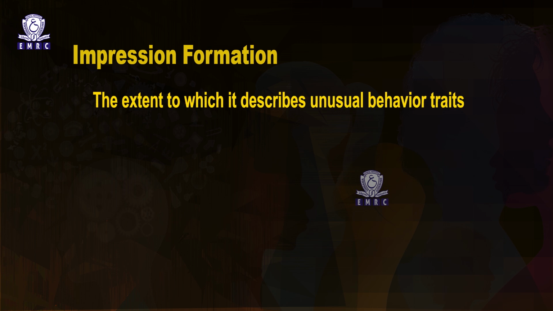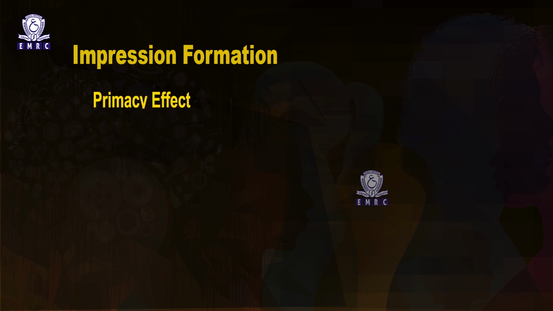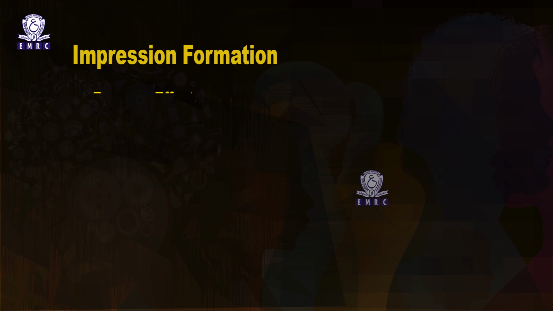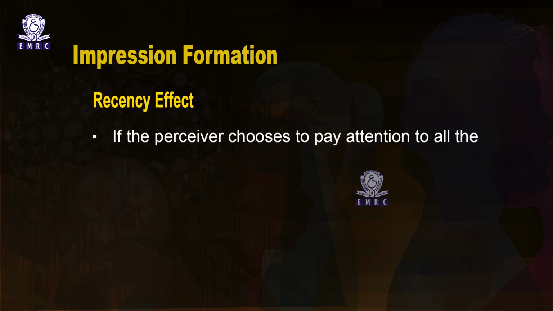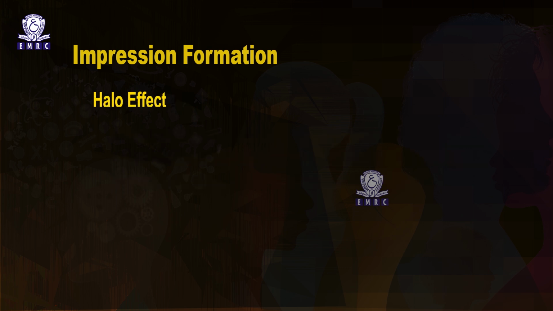Next, the extent to which it describes unusual behavior or traits, because unusual information is weighted more than usual information. Next, primacy effect. Information received first is weighted more heavily than information received later. Next, recency effect. If the perceiver chooses to pay attention to all the information and not just the first information, then information processed last may have a stronger influence, followed by the halo effect.